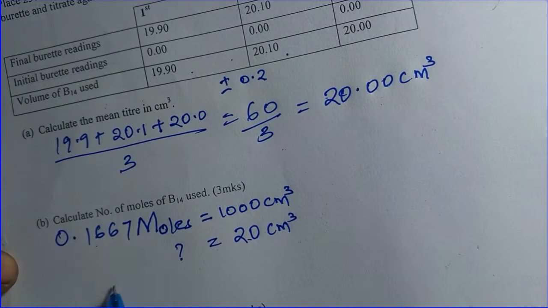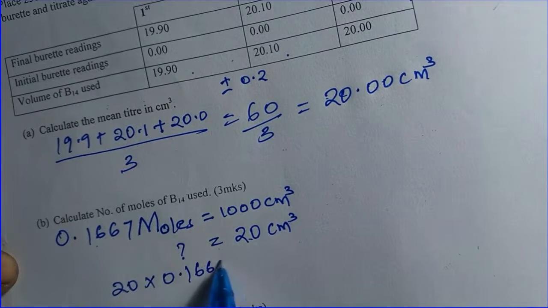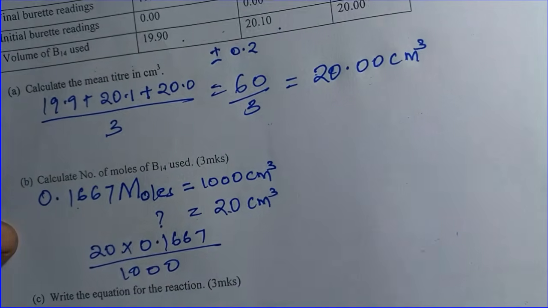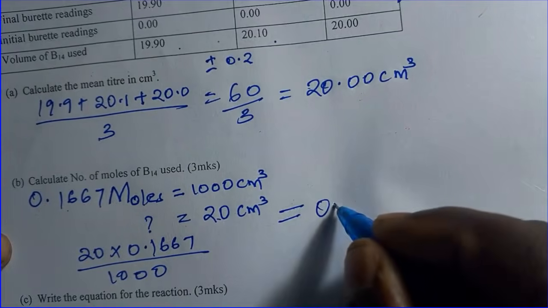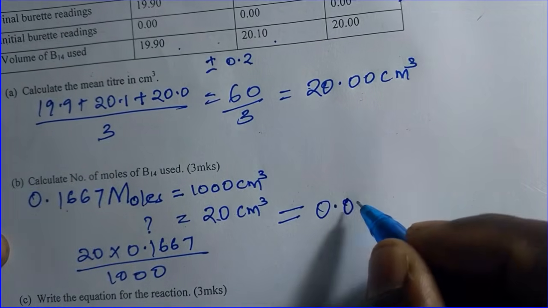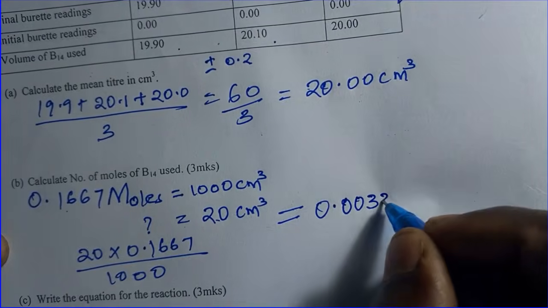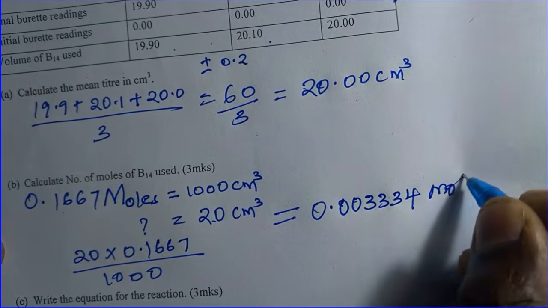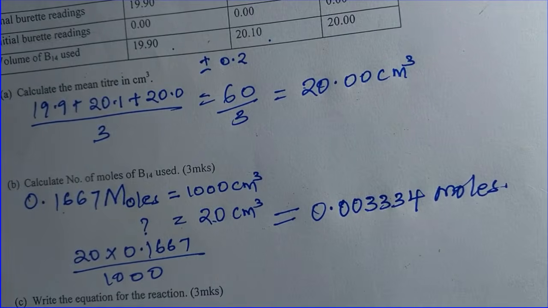So this times this, that is 20 times 0.1667, you divide by 1,000. This gives you the answer as 0.00334 moles. You can also give to 4 significant figures, it is okay.